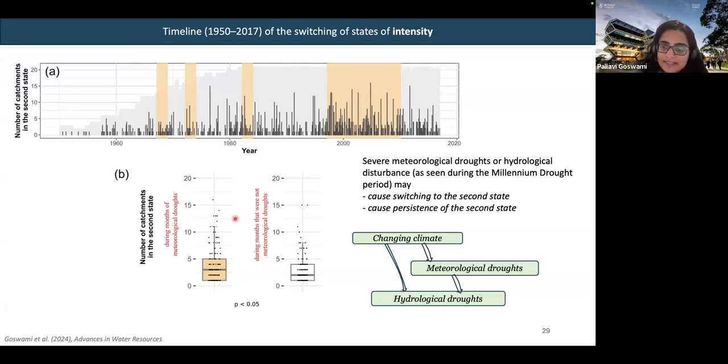There are papers that suggest that meteorological droughts change the way hydrological droughts behave. And then there are also signals from the larger climate and the climate change narrative around it. But this is still very much work in progress. We need to understand what explains the different drought flows that we observe.